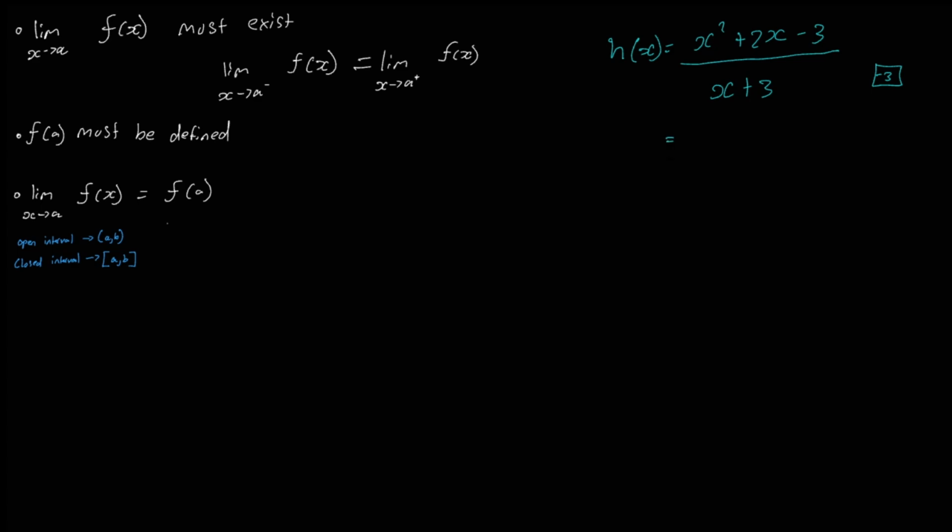Looking at our numerator, we can factorize: x plus 3, x minus 1, over x plus 3. We can cancel our x plus 3 in our numerator and denominator. That would leave us with x minus 1.